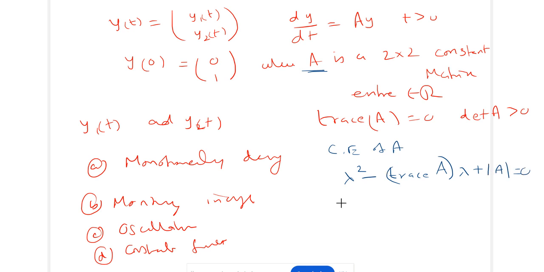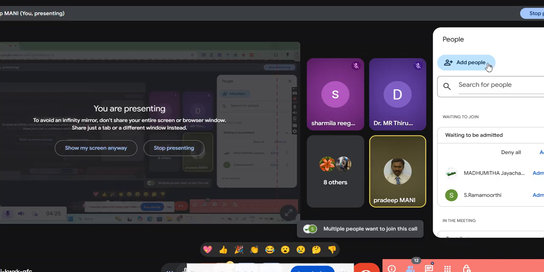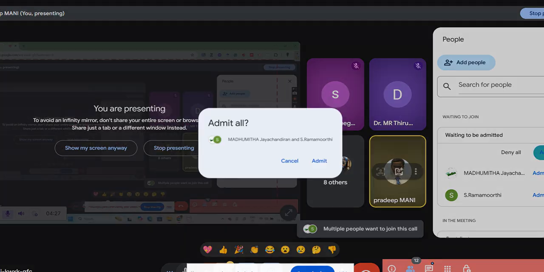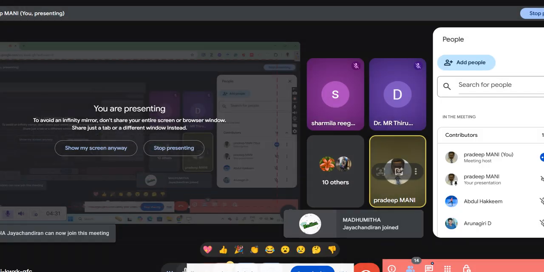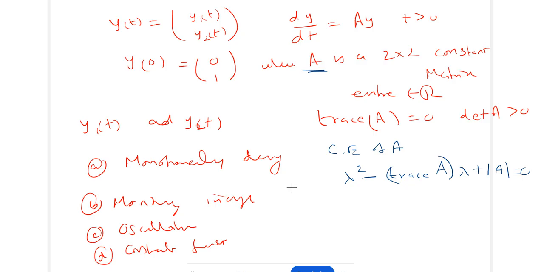Trace of A is the sum of the principal diagonal, that is, the sum of the eigenvalues. So lambda square minus trace of A into lambda plus determinant of A equal to 0. This is the characteristic equation.